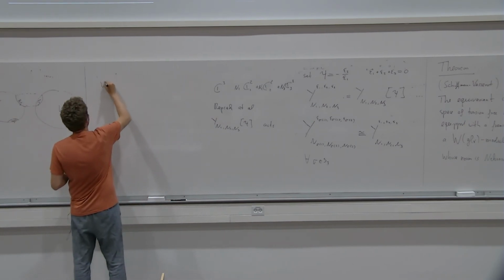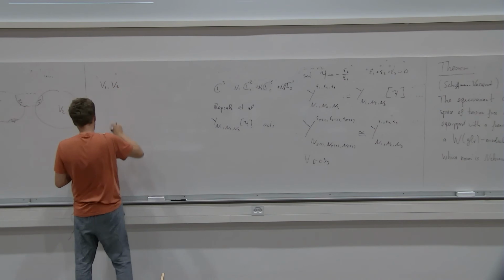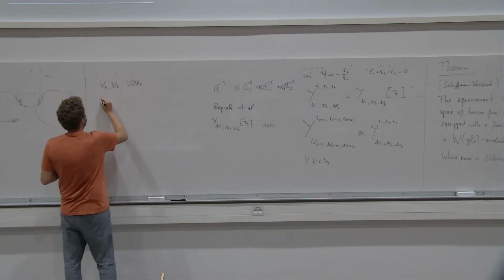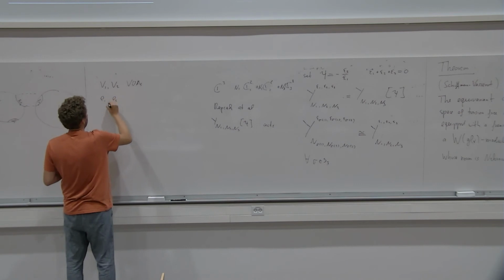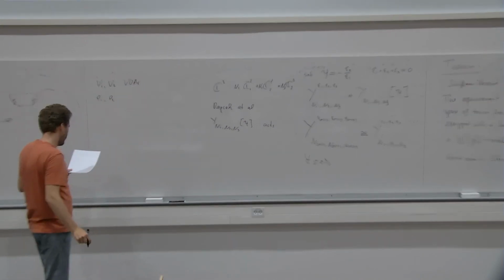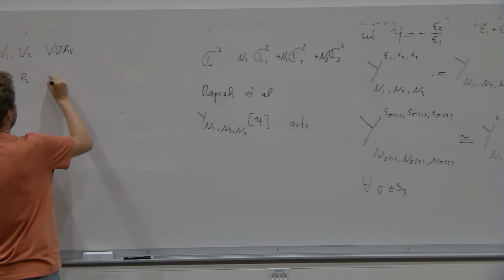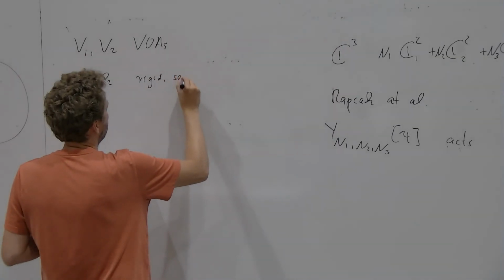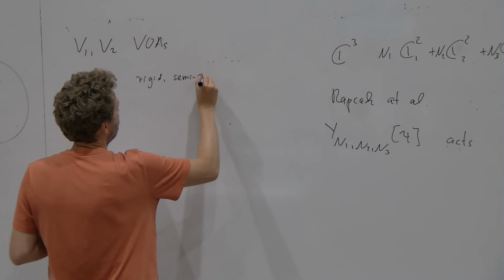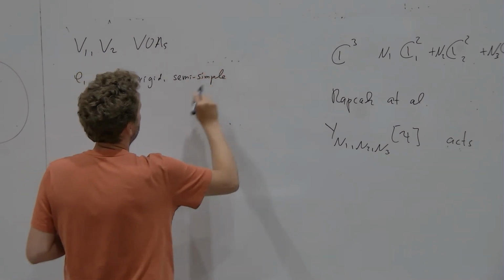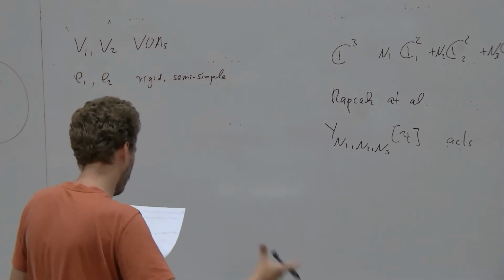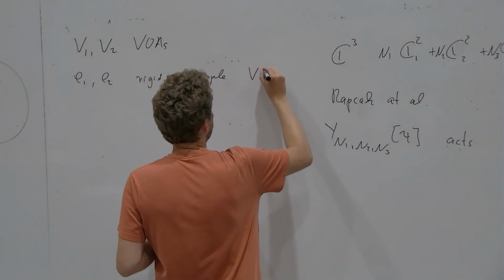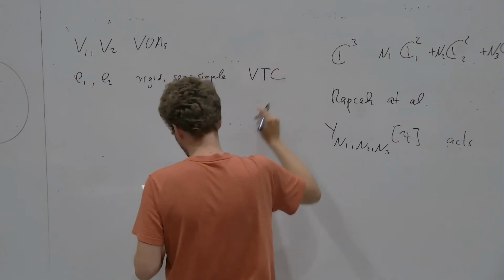V1, V2 VOAs, C1 and C2 categories of V1 and V2 that are nice enough. Nice enough means in particular we need rigid; semi-simple shouldn't be necessary, but we can't prove better at the moment. And they are vertex tensor categories. I don't write it out.